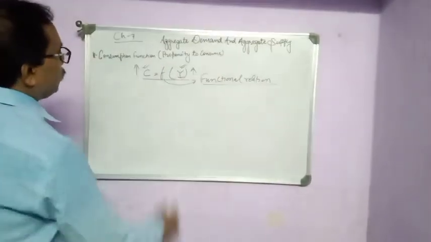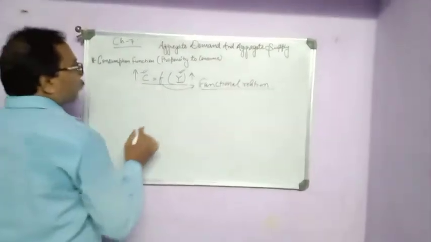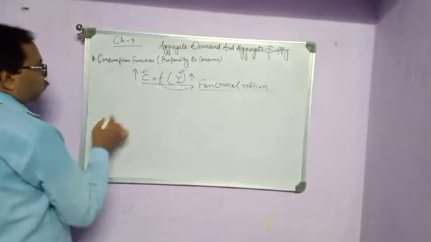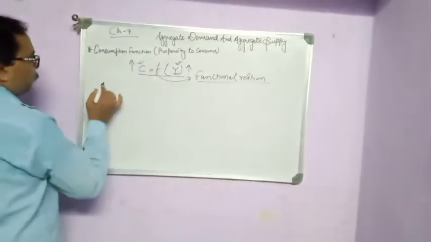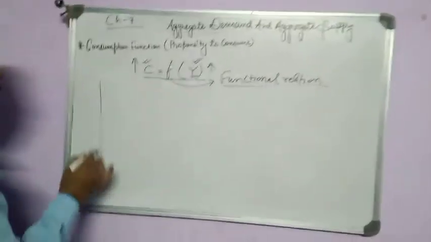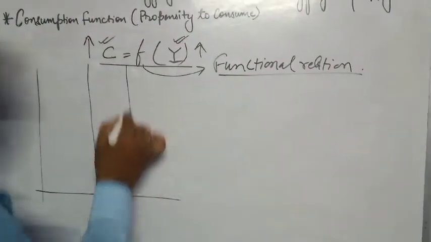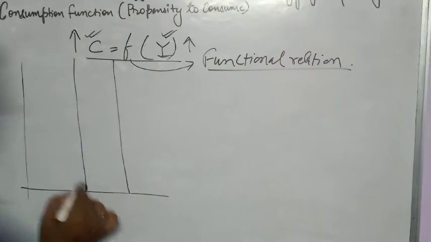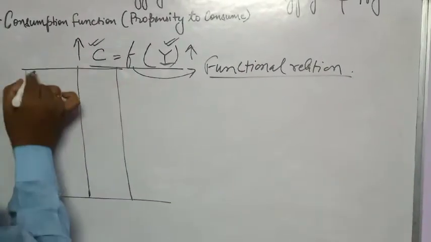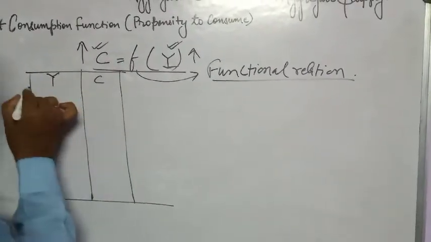So on that basis, here we also make a schedule, that is the income and consumption. Clear? This is your income and this is your consumption.